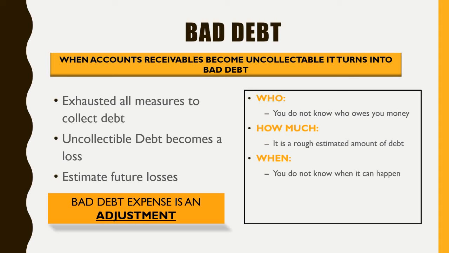That's a corporate threshold. So every year for major corporations or businesses, the IRS allows you to write off a maximum of 5% of debt.